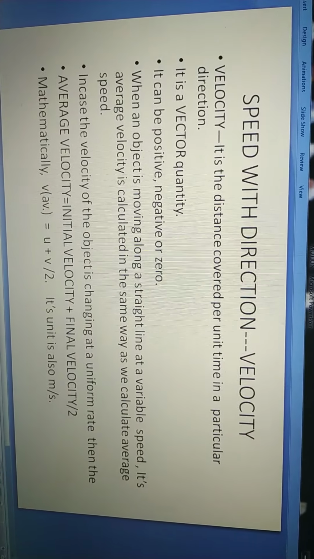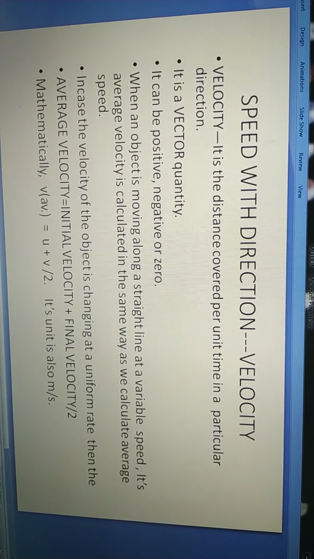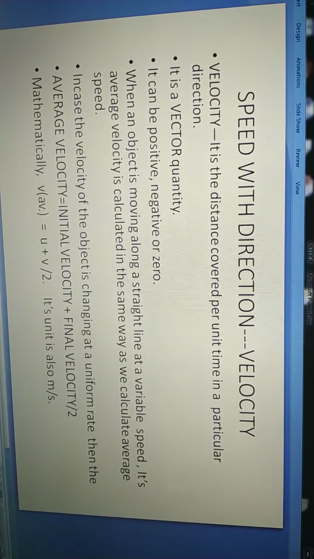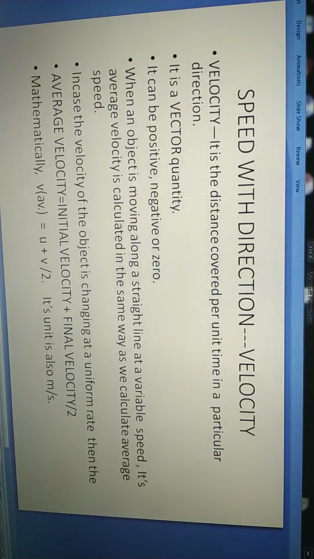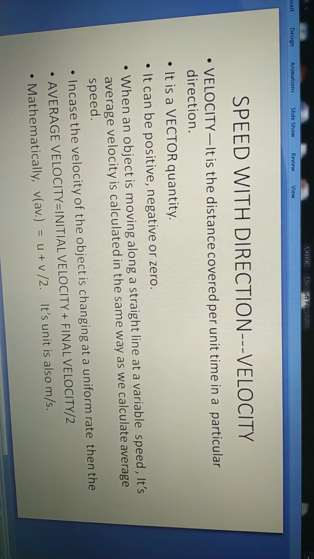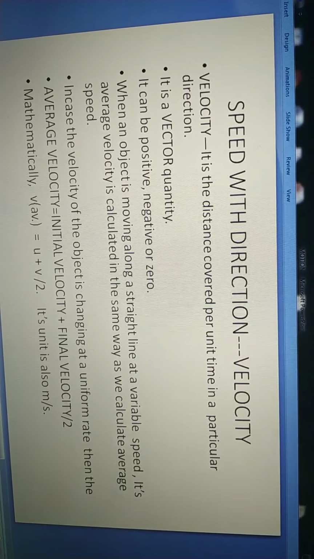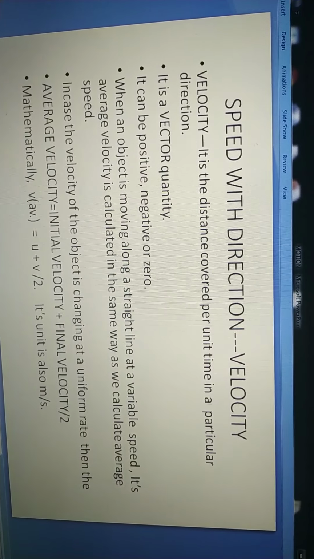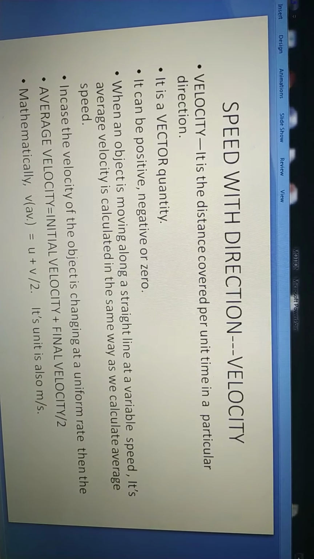But in case the velocity of the object is changing at a uniform rate, then the average velocity will be equal to the initial velocity plus final velocity upon 2. In this case, we measure average velocity by calculating the arithmetic mean.